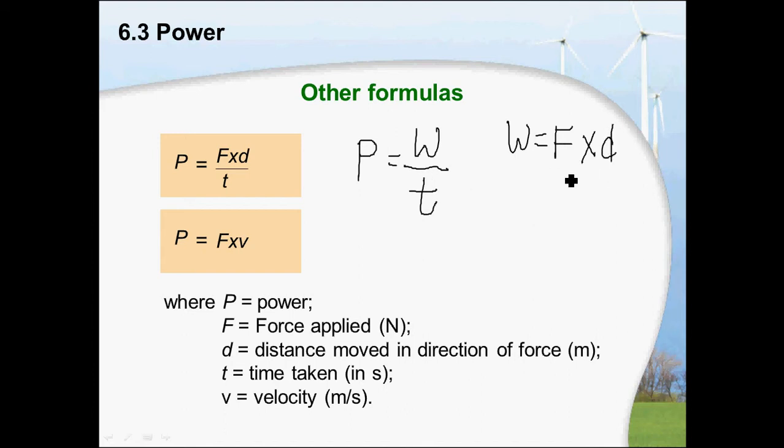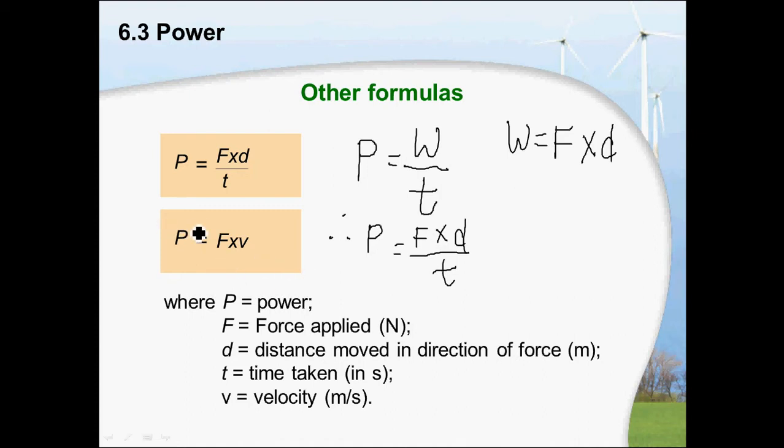If you put these 2 together, you arrive at this formula, because work done is equal to force times distance. So you combine them together, and you get power equal to F times d over t. That's how you arrive at this formula. It's simply work done divided by time, but breaking down what work done represents.